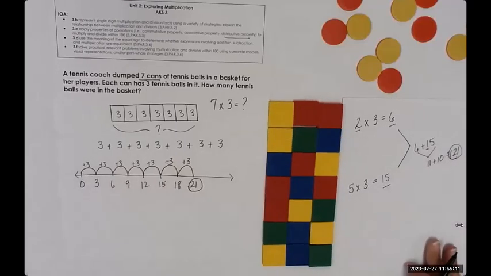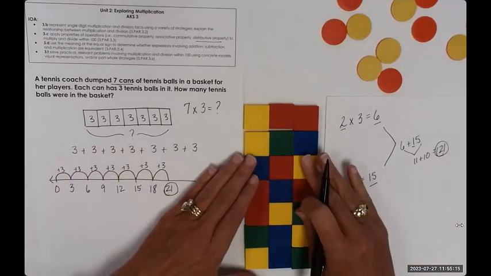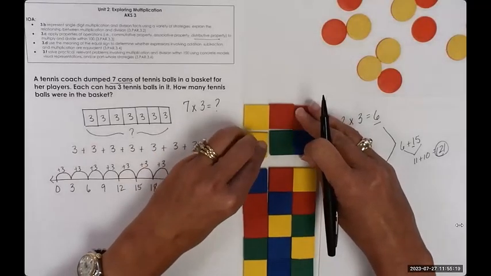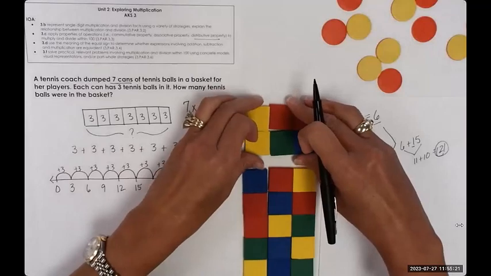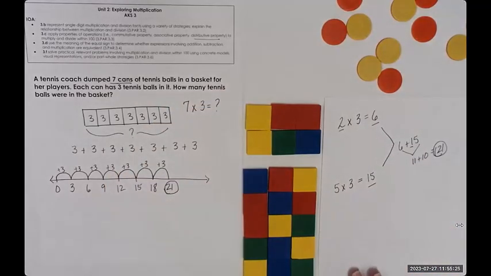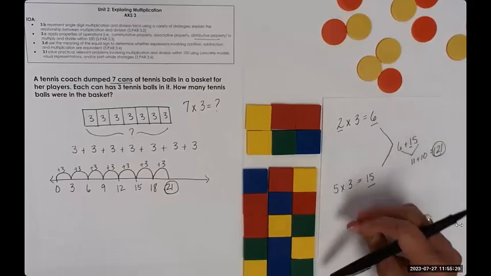Slide that over so you can see it. Sorry about that. So going back to this, we have decomposed our original array because 7 was a very challenging factor. We decomposed it using the distributive property. We found each partial product and we composed it back together.